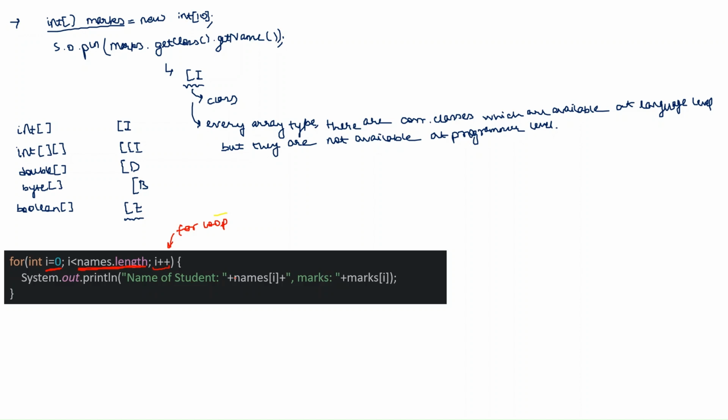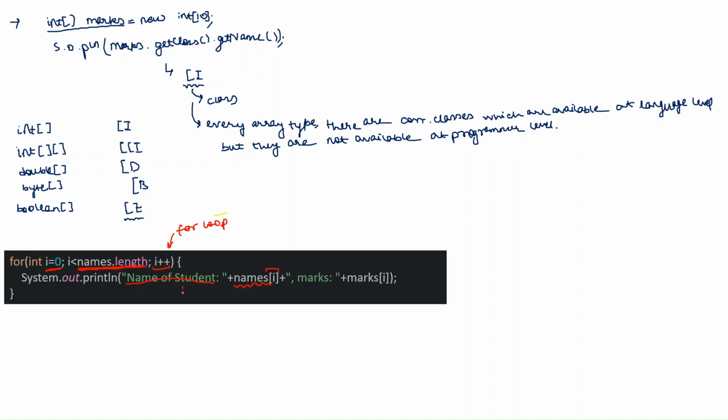Then we are printing the name of the student which is present in the names array at the ith index. So when i is 0, I'm saying that I want to print the name of the student present in the names array at the 0th index, and the marks of the student present at the 0th index in the marks array.